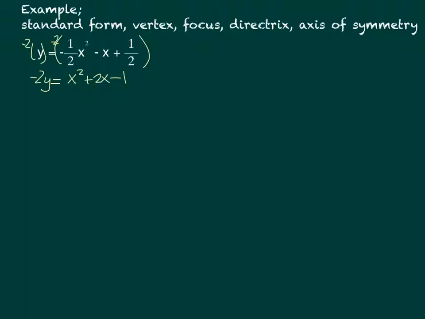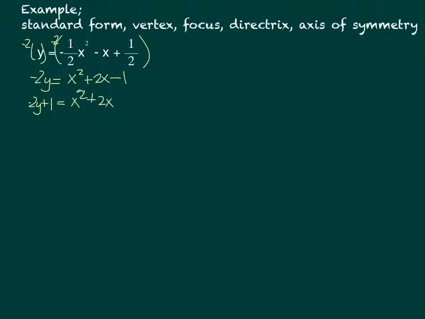Now what I have to do is complete my square, complete my x square, and to do that I need to get my x's grouped and everything else on the other side of the equal sign. So that's going to give me -2y plus 1 equals x squared plus 2x.